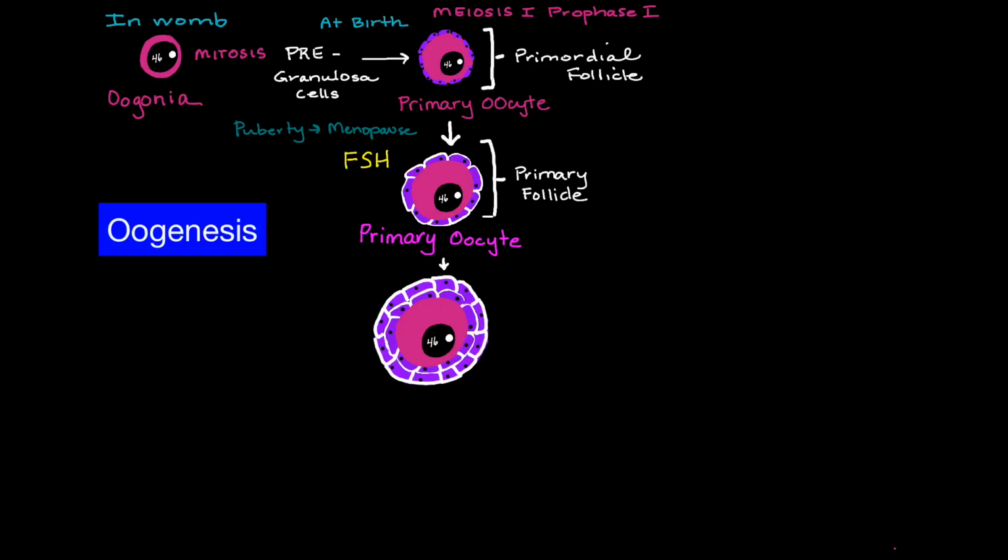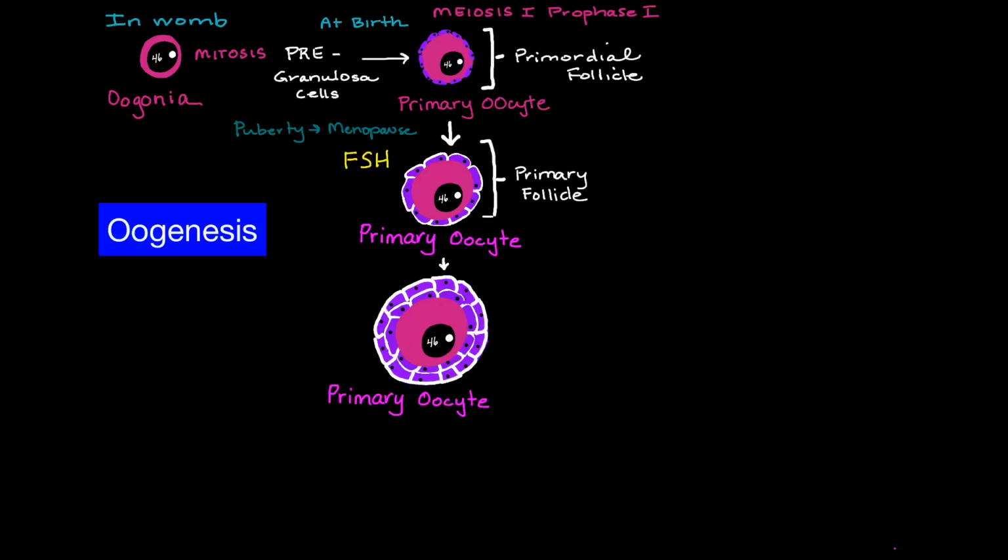How does it do that? Well, we can see that the pregranulosa cells that were surrounding the oocyte multiply. So they undergo mitosis. Now we see, instead of simple cuboidal epithelium, we have a double ring of cuboidal cells around our primary oocyte.